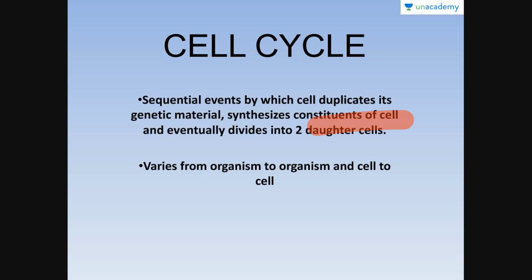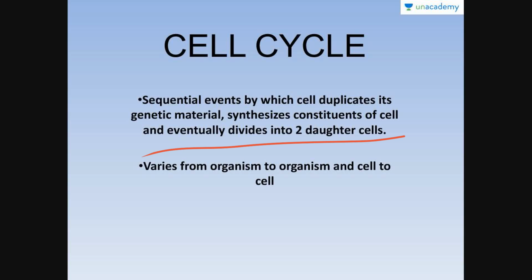So if we define it, it is defined as sequential events, that means a step-by-step process by which a cell duplicates its genetic material, synthesizes constituents of the cell and eventually divides into two daughter cells. So from a single parent cell we get two daughter cells.